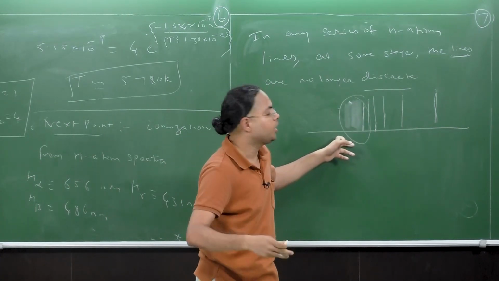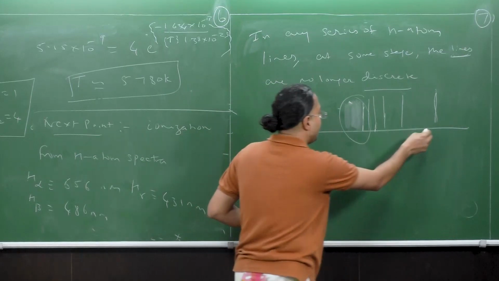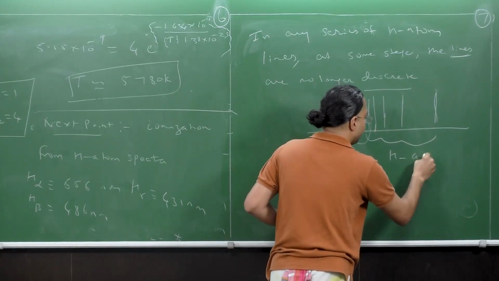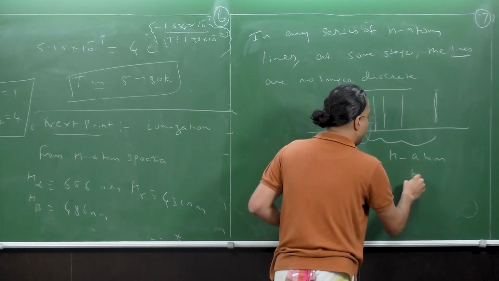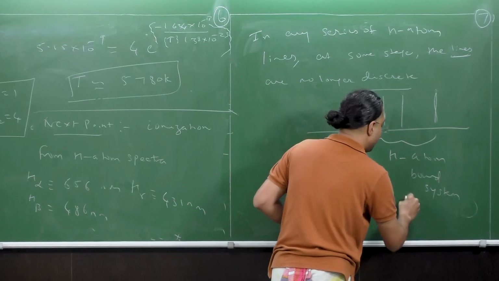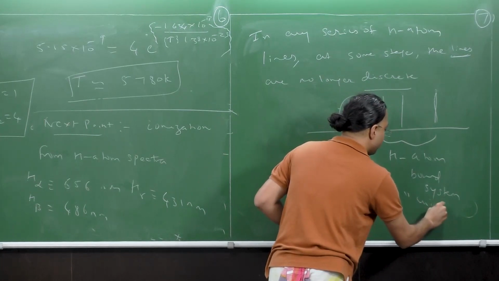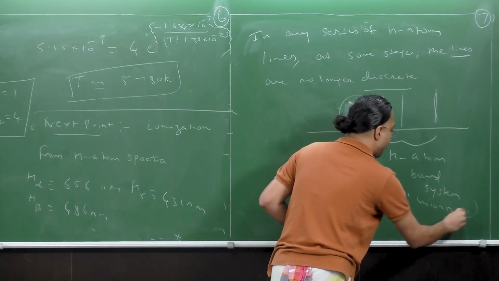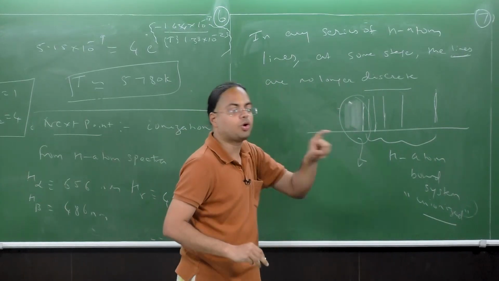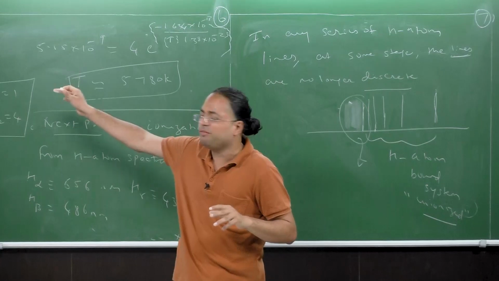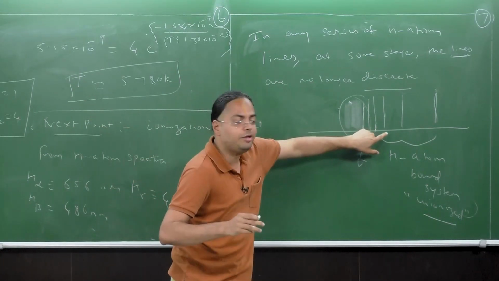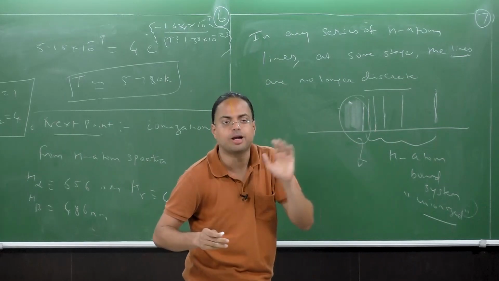What does it tell you? It tells you that until this stage, the hydrogen atom was a bound system and was unionized. But the moment you go to the continuous regime, recall that a few tutorials earlier I told you that you don't always get discrete lines alone as part of spectral lines.